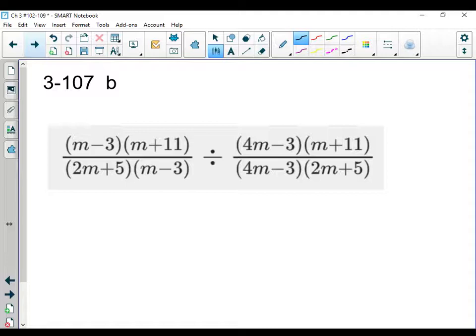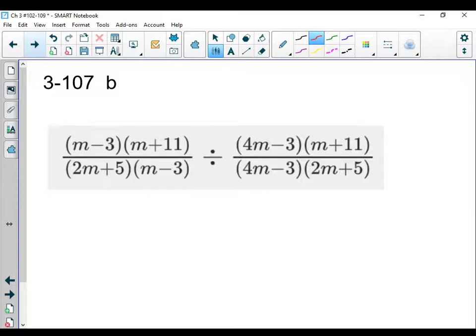All right, the last couple that you had marked on the survey, one of them was part B on 107. Part B on 107, we've got a situation where we're taking these two and we're doing some division. So the nice thing about this one was it was already factored out for us.